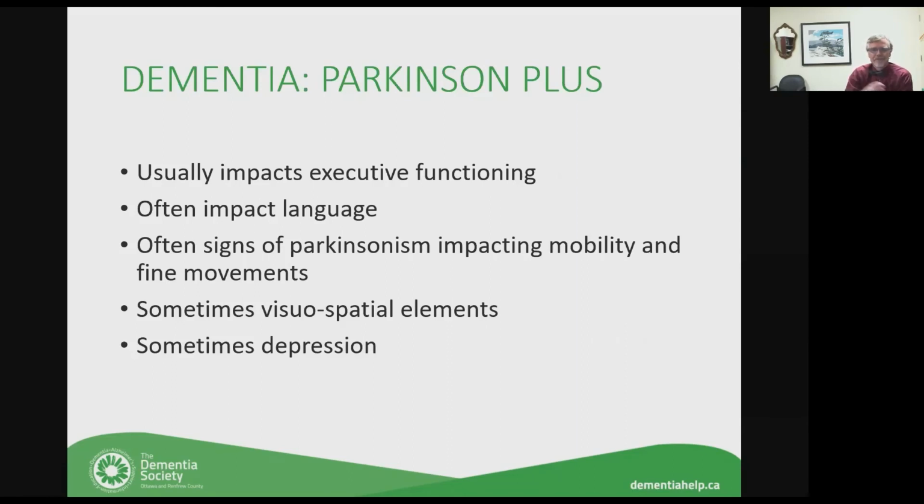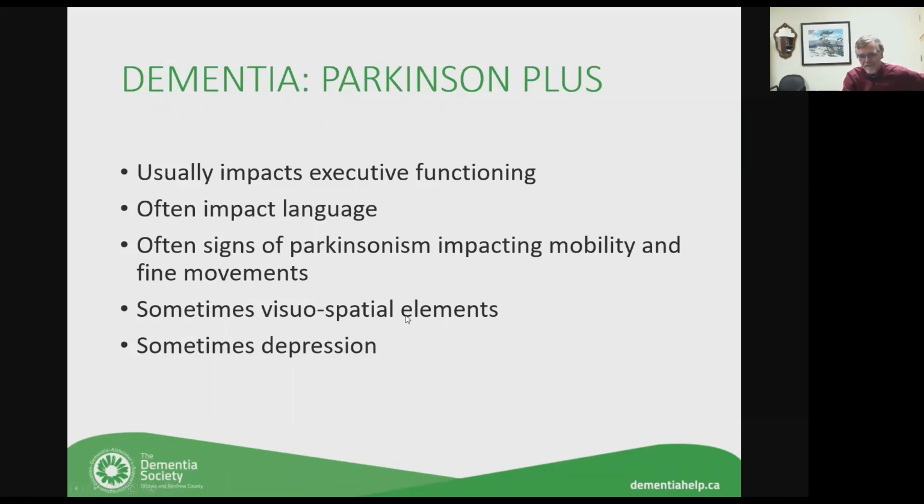And the planning, the execution is going, oh, wait a minute, that was the wrong way around, turn it around and fix it, that kind of thing. It does often affect language. So if you have executive functioning and language problems early on, and then have Parkinsonism, you're probably talking Parkinson's plus.